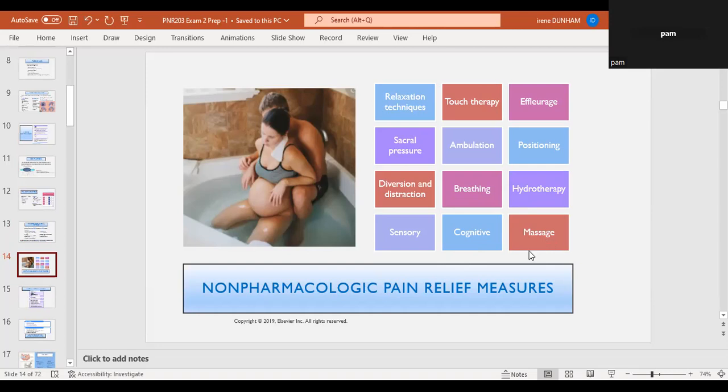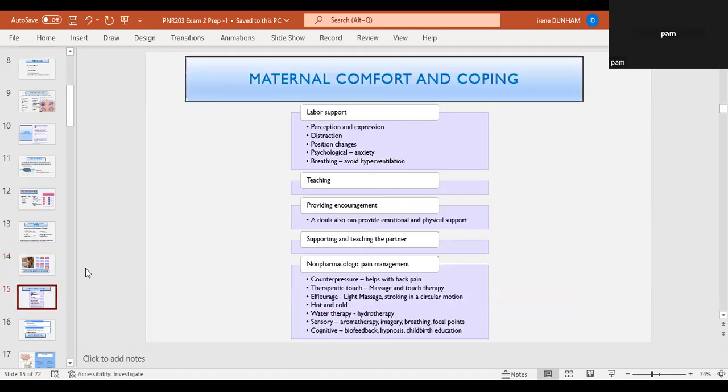All right, so those are called non-pharmacological, and that means that there's no medication involved. Okay. All right, so we have maternal comfort and coping. So labor support. Okay, again, it goes over the same thing I just went over, perception and expression. So according to your patient. And remember, pain is very subjective.